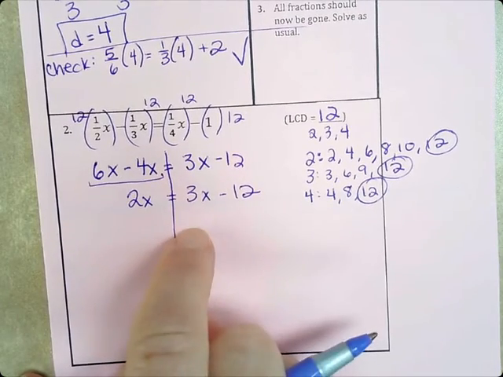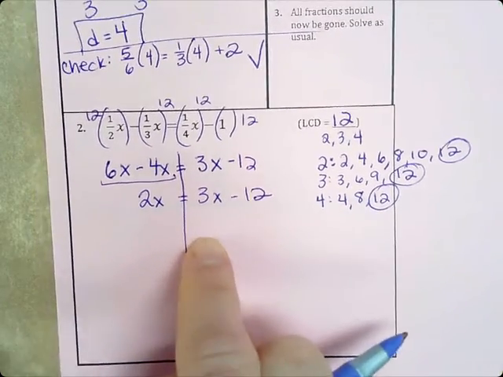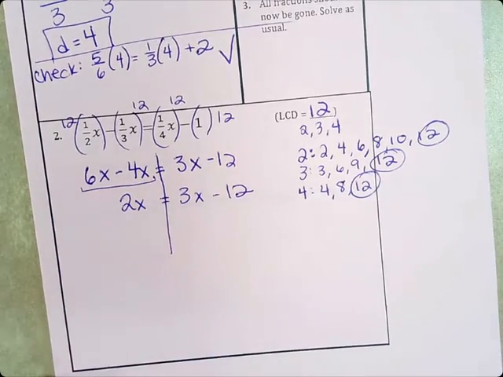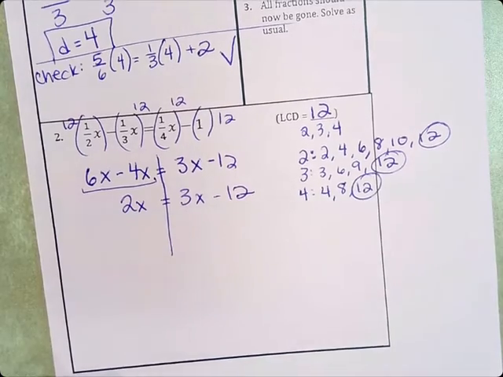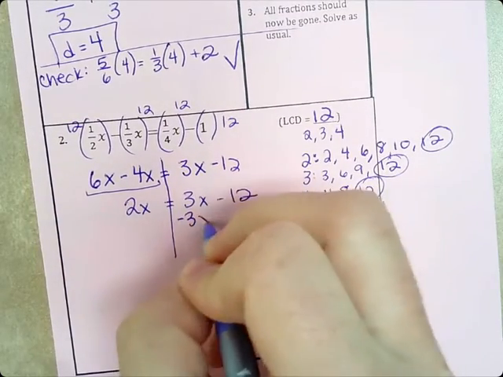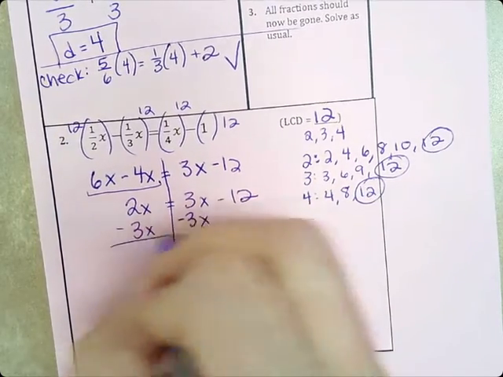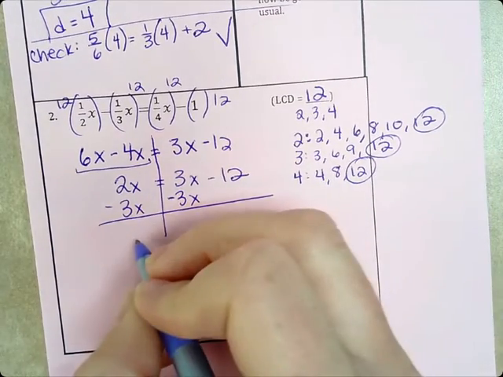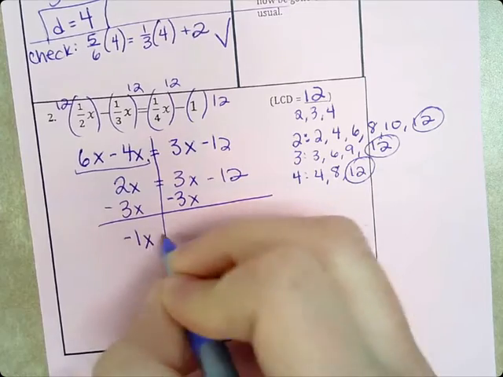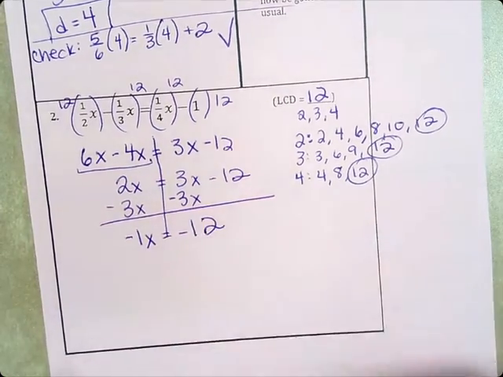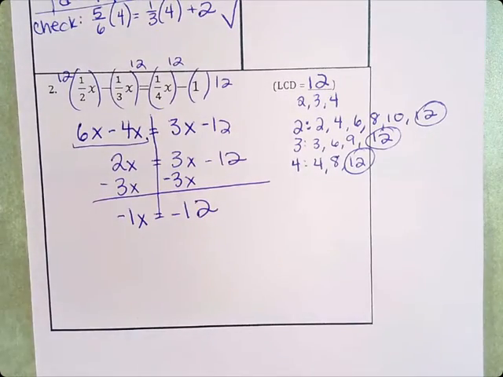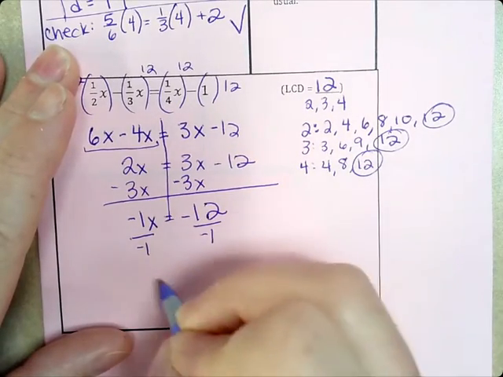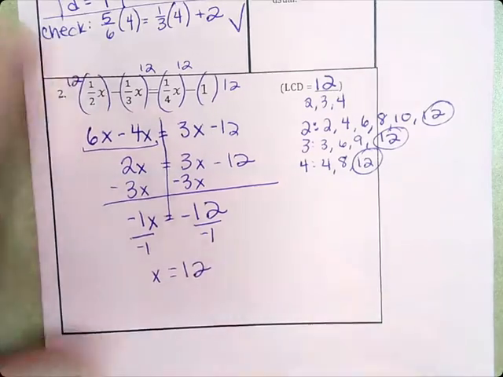Even though this is a smaller one, I'm going to move the number over here so that I only have to move that and not move that and 12. So minus 3x on both sides. 2x minus 3x. Negative 1x equals negative 12. And then divide by -1 all the way through. x equals 12.